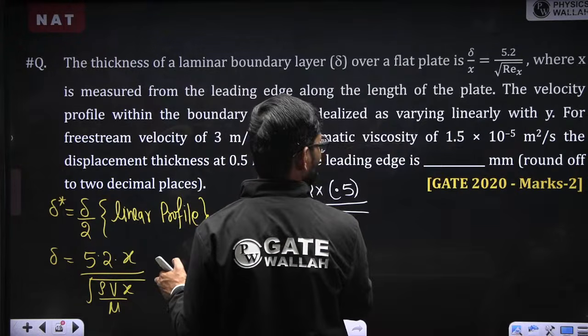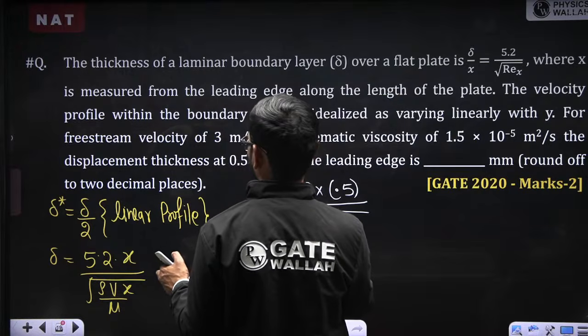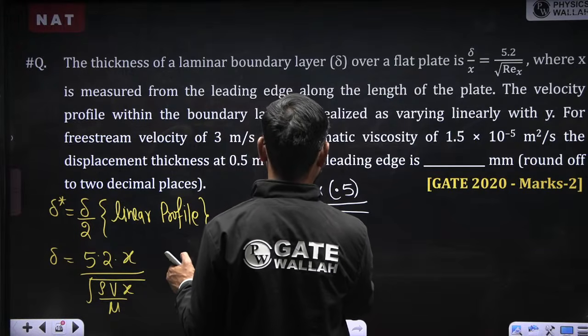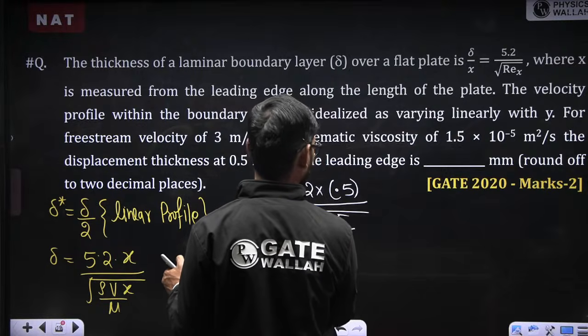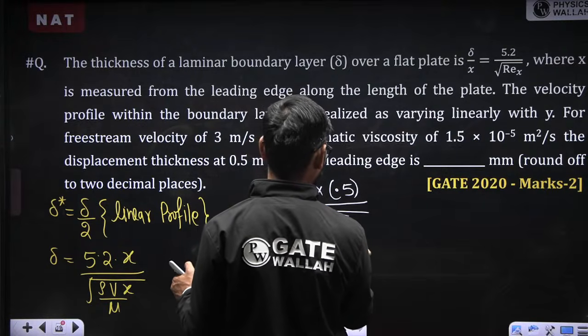V value is 3.5 by nu 1.5 into 10 to the power minus 5.